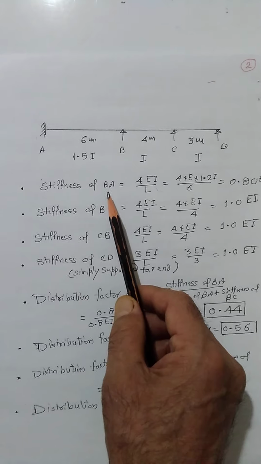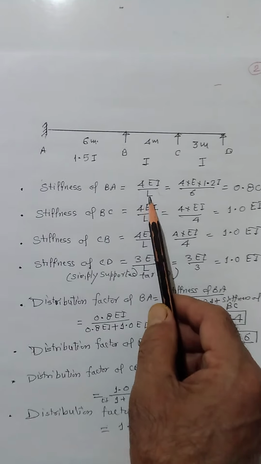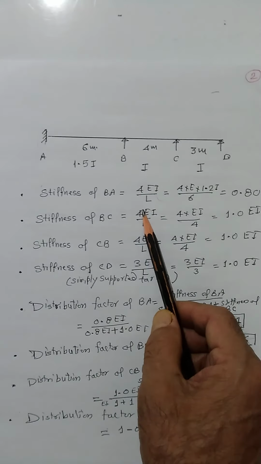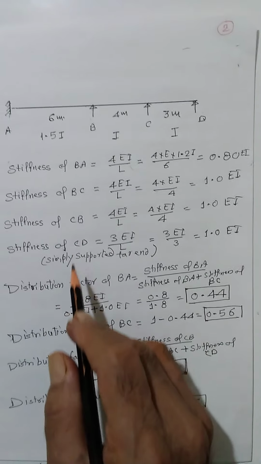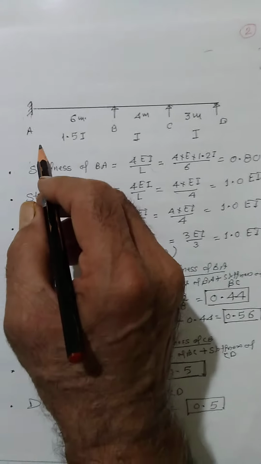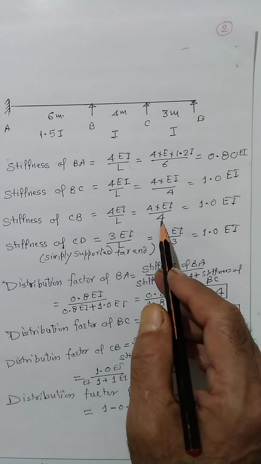So stiffness of BA is equal to 4EI upon L. I is 1.2; here I have written 1.4, but it is 1.2. I confirm it is right, this is 1.2.